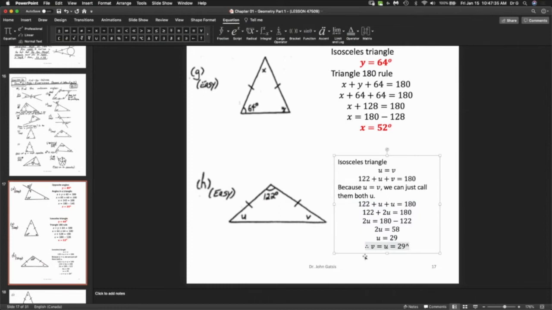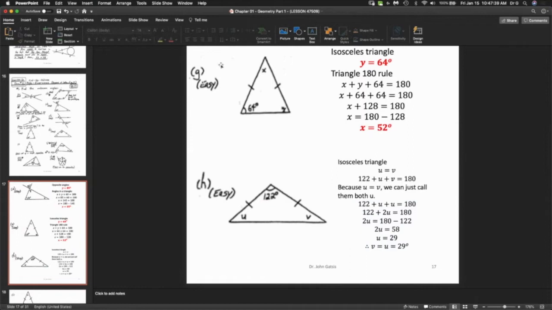So that's the way that I would answer it in terms of just powering through the question. The other way is the shortcut, and I'll type the shortcut right here. I'm not going to do it as a formula. I'm going to do it as a thought process.